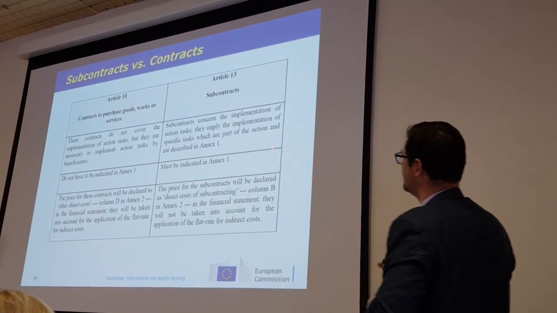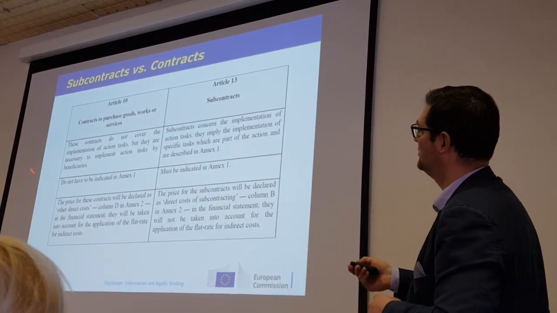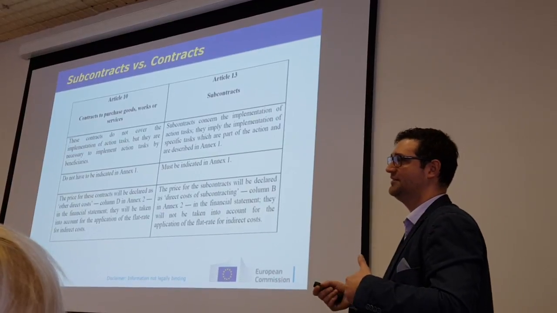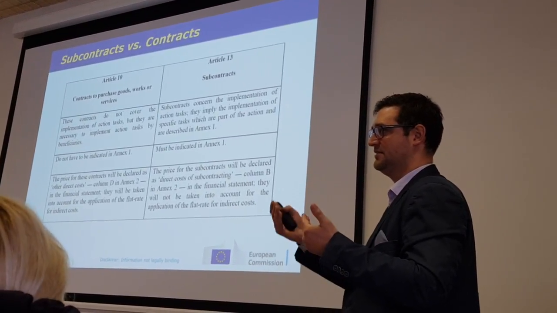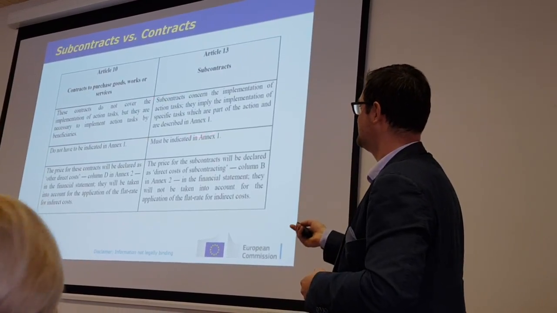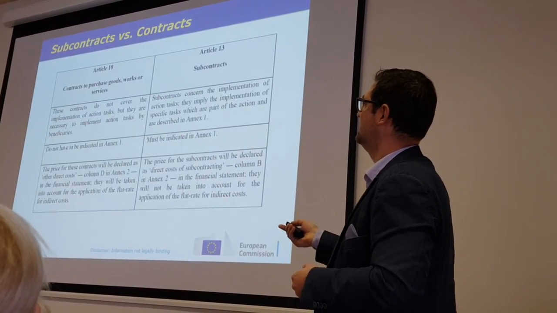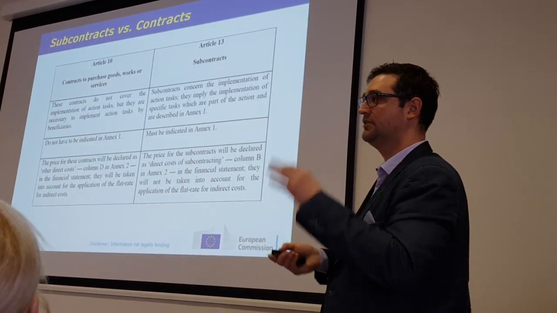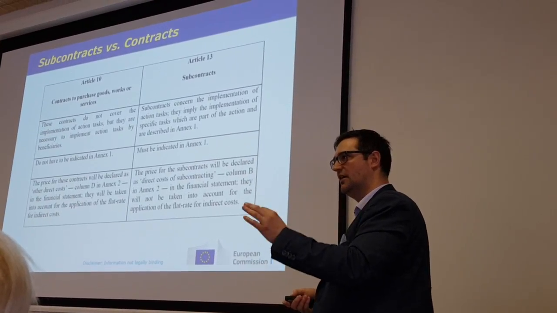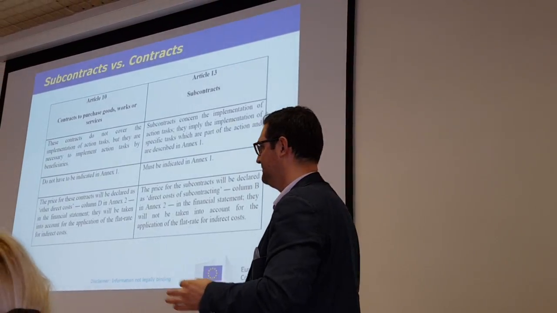So you also have to be careful how you write and specify the task. In some cases, it can be a contract, but it also can be a subcontract. It really depends how the task is written.